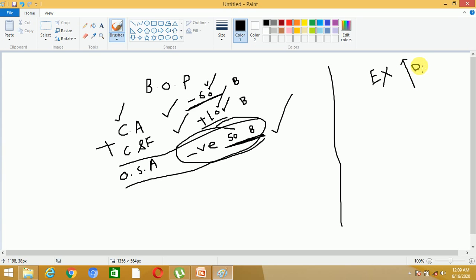And for imports, what are we doing? When you are importing something, it is an expense. Why? You are making payment. So it will be debit. This is EXP, expense.